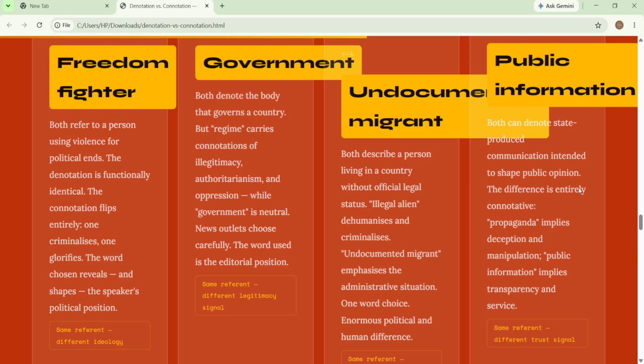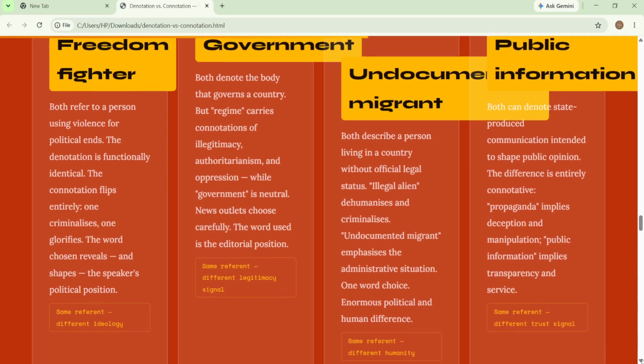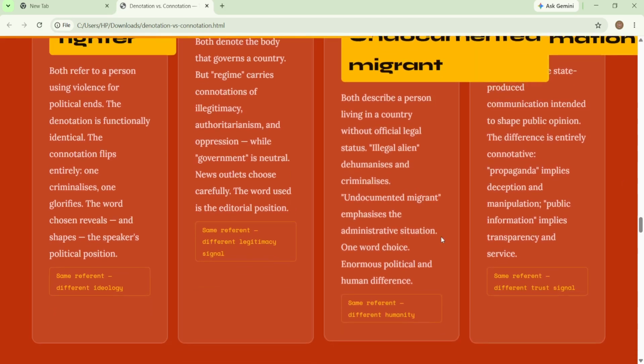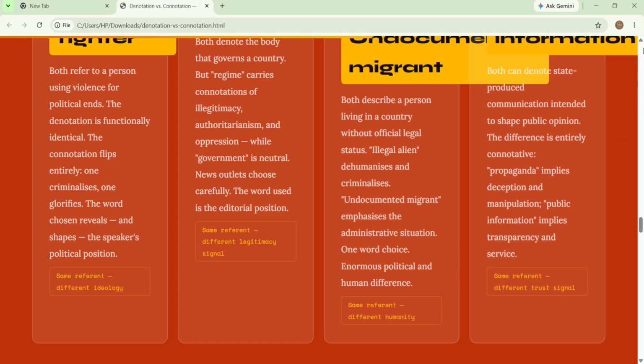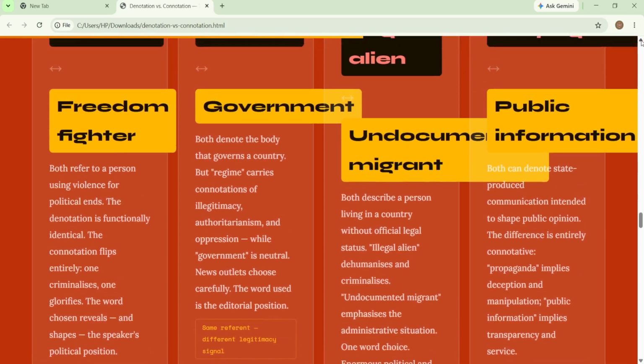Both describe a person living in a country without official legal status. Illegal alien dehumanizes and criminalizes, while undocumented migrant emphasizes the administrative situation. One word choice, enormous political and human difference. So this shows how a person can be treated differently by different choice of words.